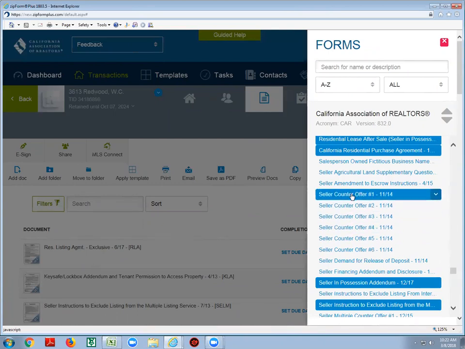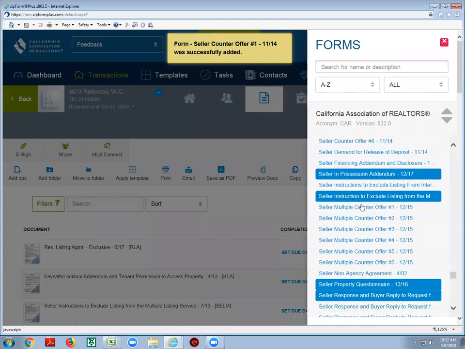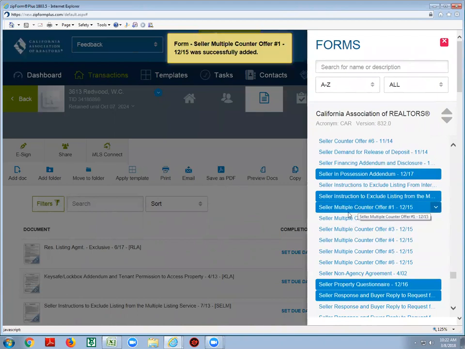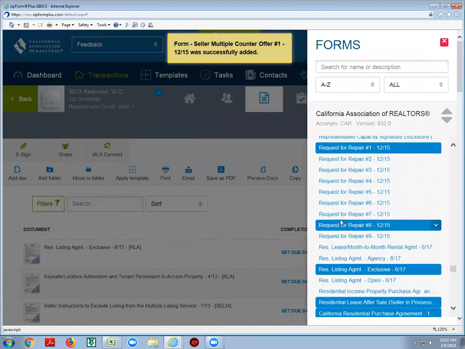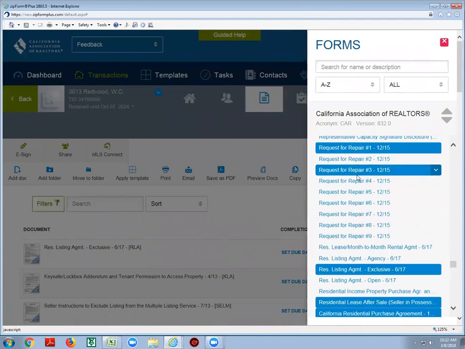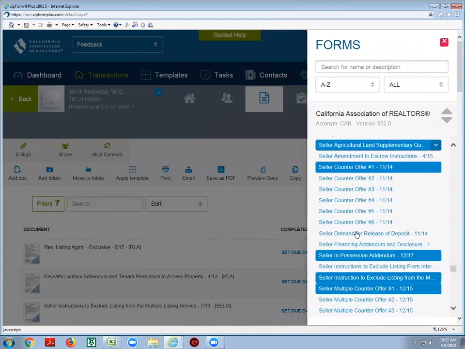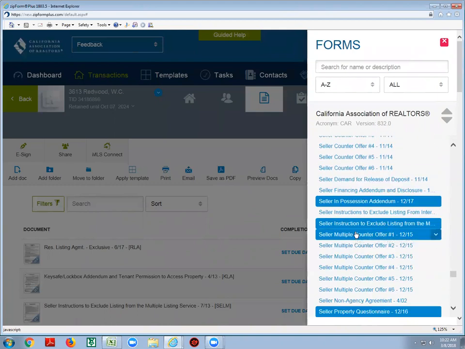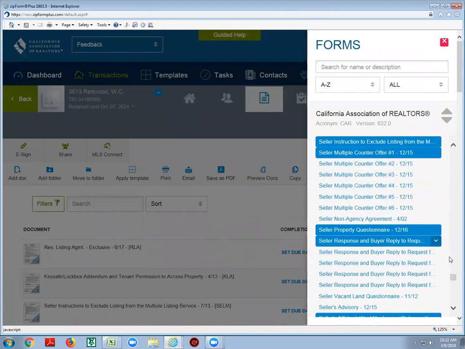Seller counter number 1. Seller multiple counter number 1. Let me give you the request for repair form. Do I have a seller responding? Seller property question, seller responding. Yes, okay. Let me give you all the forms.